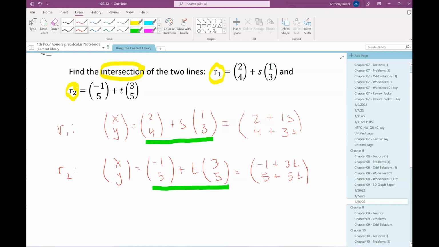Everybody okay with how I did that? Again, pretty simple.